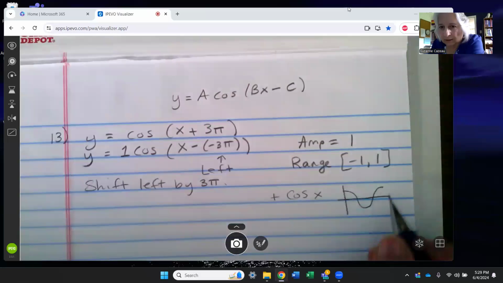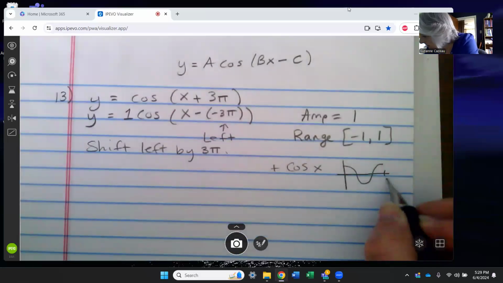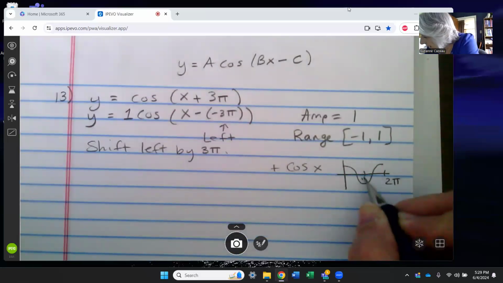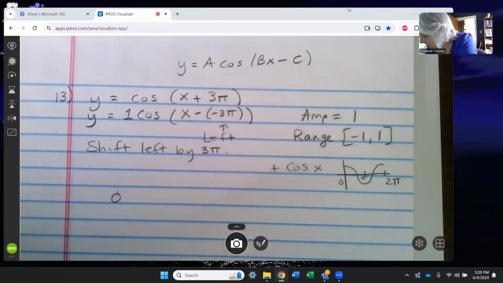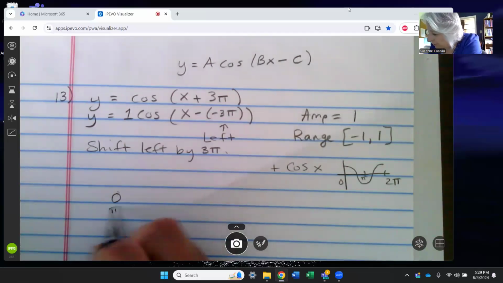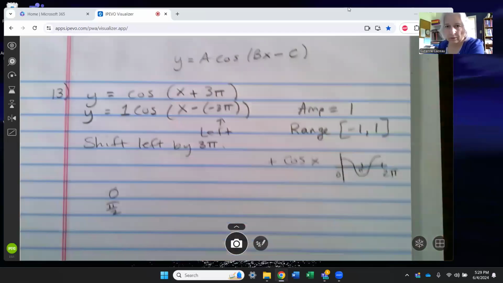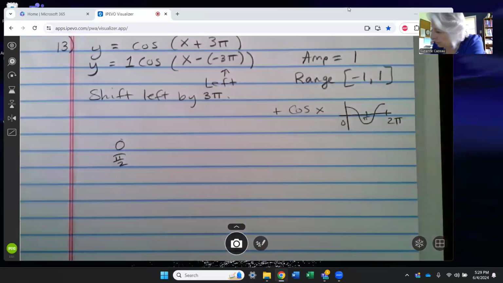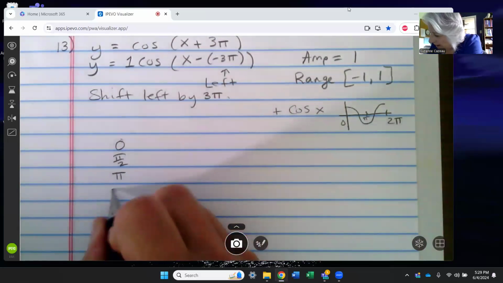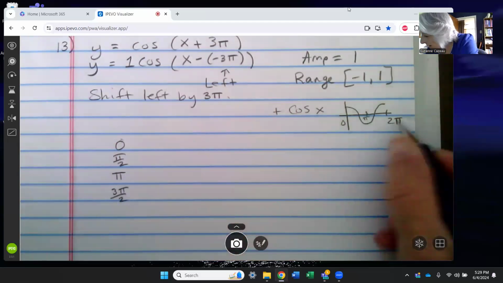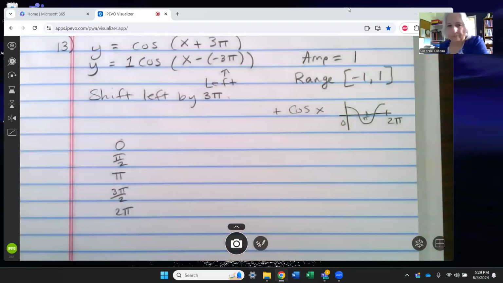So I know what this looks like. This is 2 pi here. This is pi. 0. Okay. So we've got 0. And we've got pi over 2. This should be familiar. Pi over 2. And then we've got pi. And then we have 3 pi over 2. And then we have 2 pi. Right?